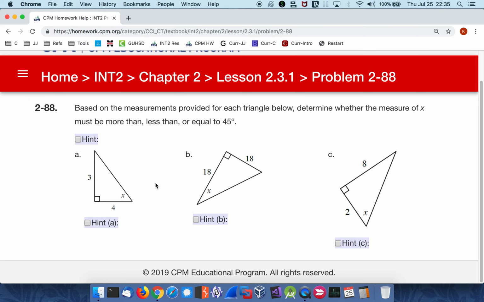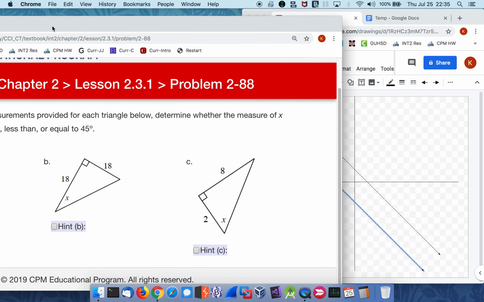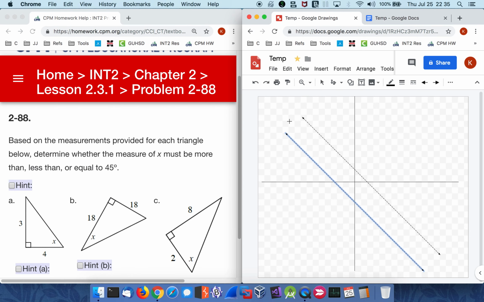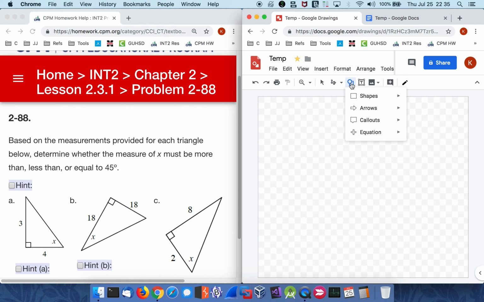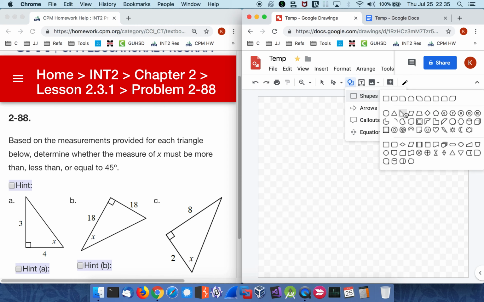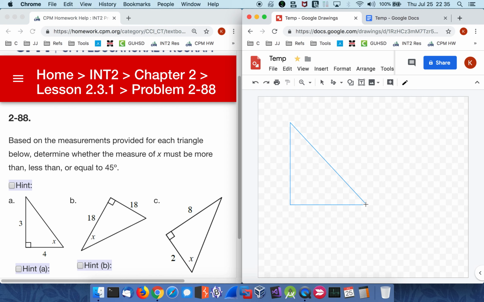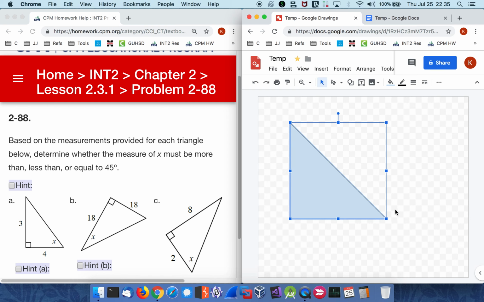So, let's take a look at this. Let me draw out a triangle here, because I think this is going to work a little bit better if we have a triangle to look at. Okay, so here is a right triangle.